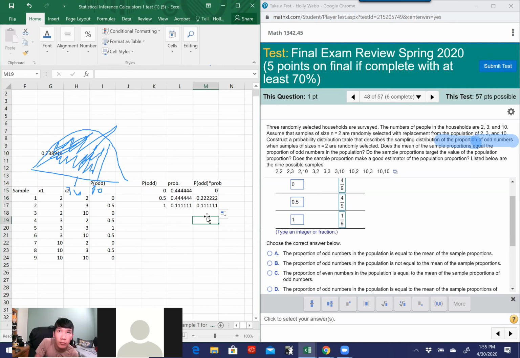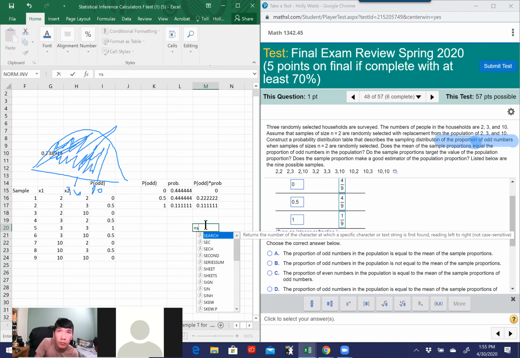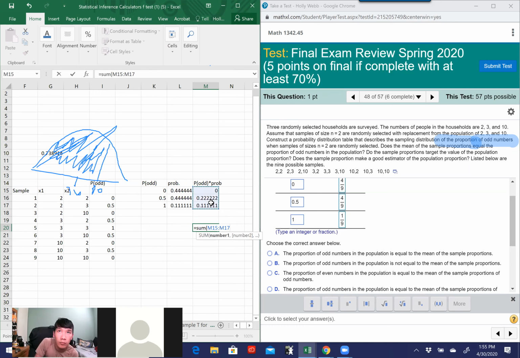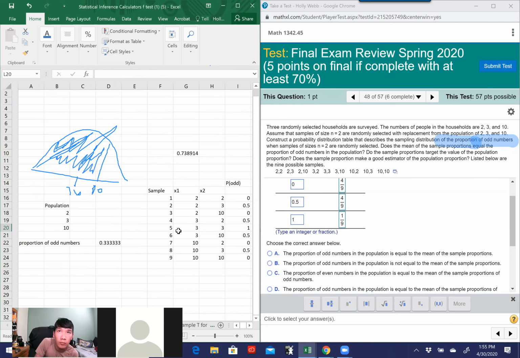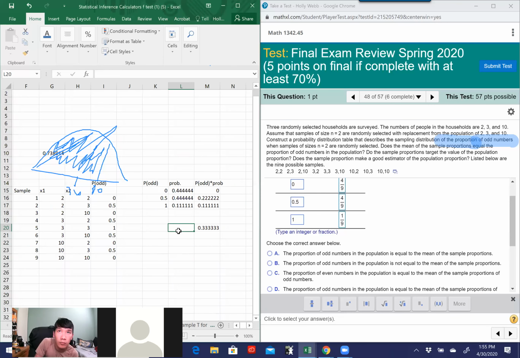And to find the mean, I'm going to add those products up. And there it is. There's my 0.333, same as my proportion of odd numbers in my population.